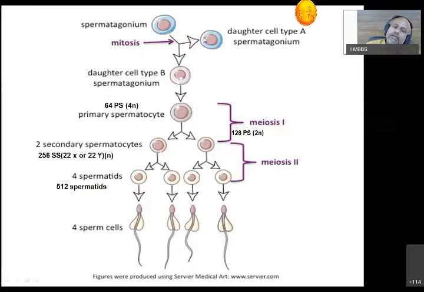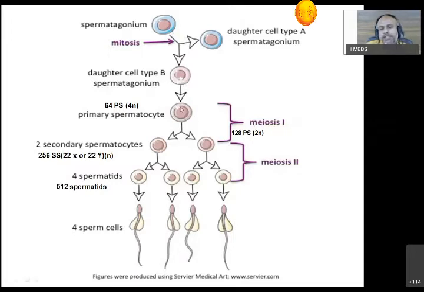Till here, activin is the hormone that activates the multiplication or proliferation of this daughter cell to primary spermatocyte. That is type A to type B, and type B multiplies about 5 times to form 32 type B. 32 type B multiply mitotically to form 64 primary spermatocytes.